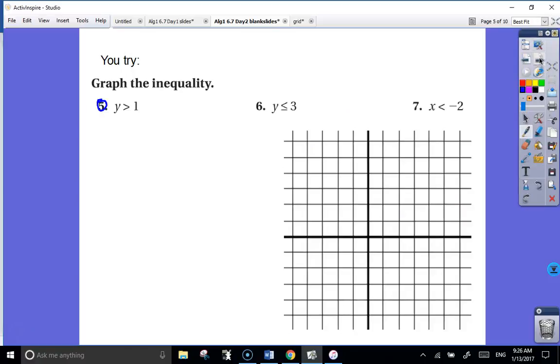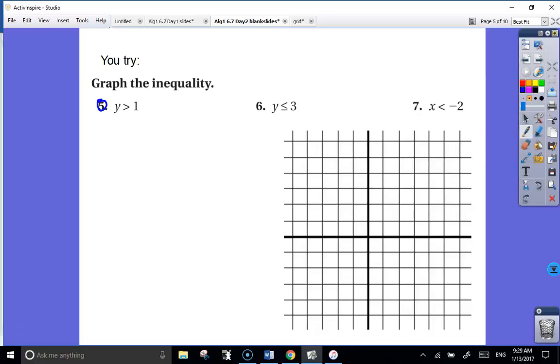Okay, so let's do 3 no tries, and then that's the end of the lesson. Y greater than 1. Graph it. Remember, first you got to do the line, solid or dashed, then you got to shade, above or below. Okay, let's do it. Y greater than 1.